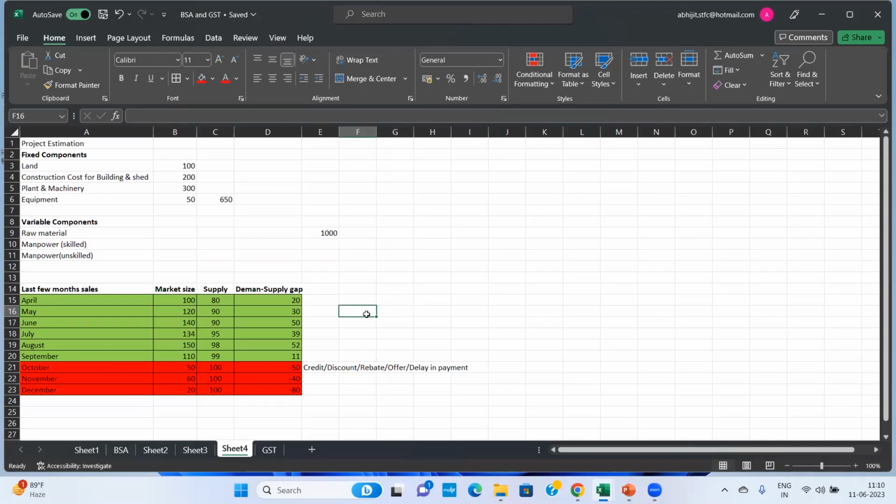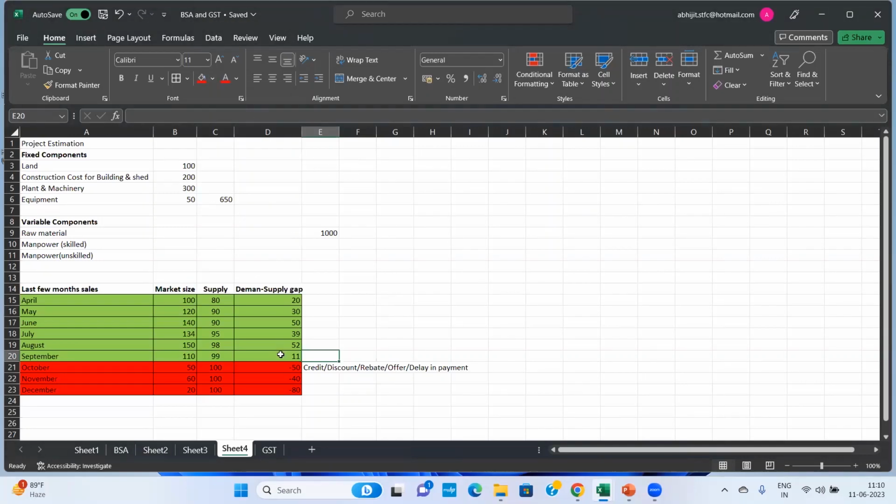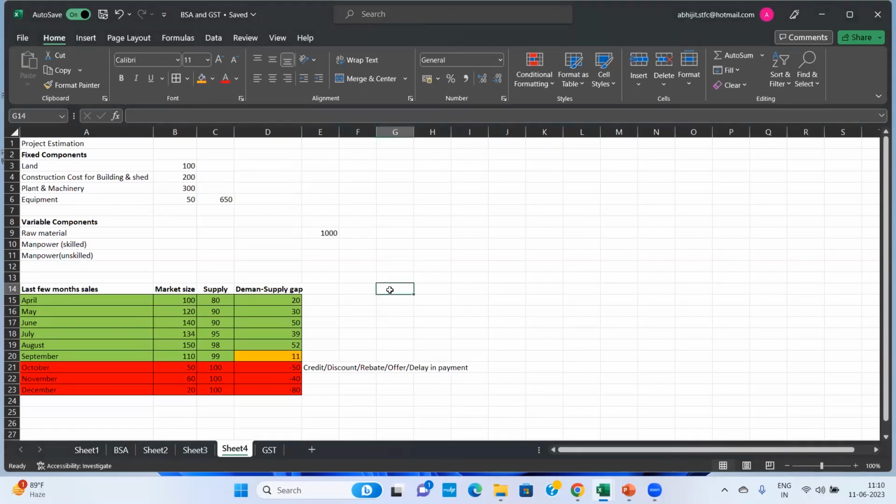And if you carefully look, this is my orange zone, where I should be a bit cautious. Why should I be cautious here?